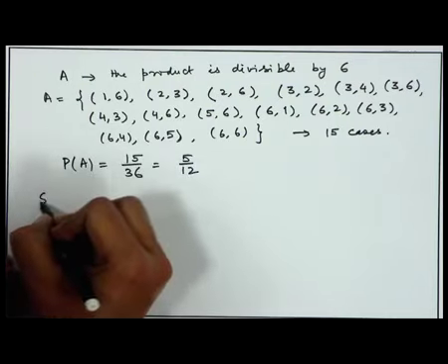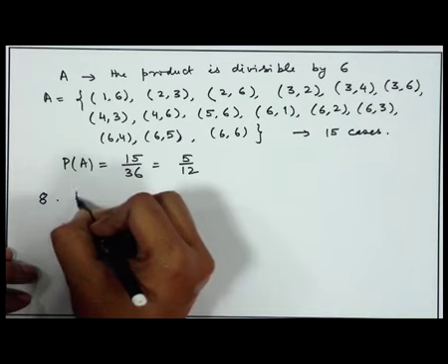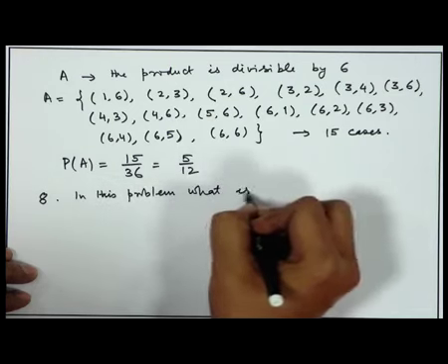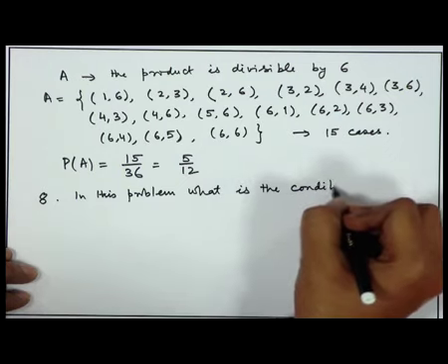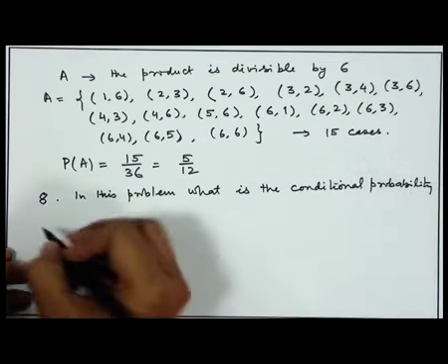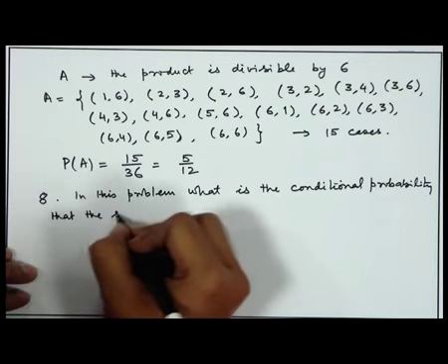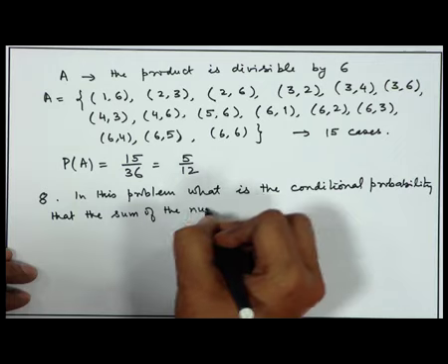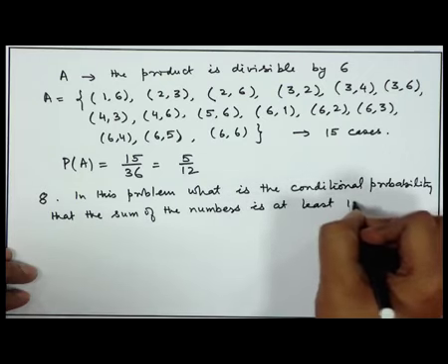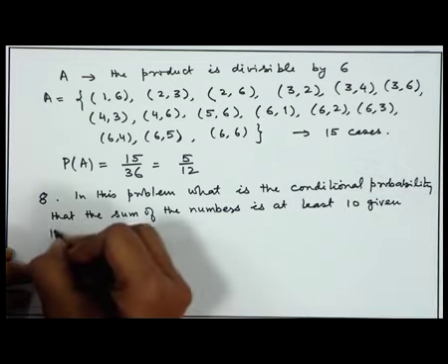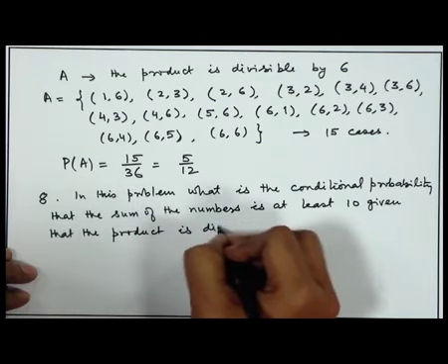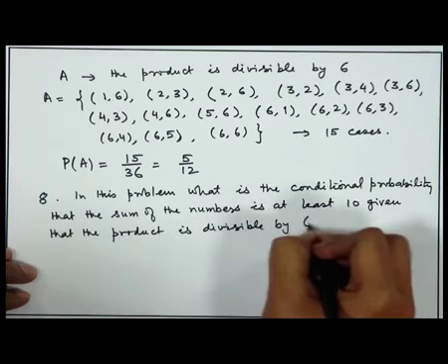Let me just ask another question in this problem. In this problem, what is the conditional probability that the sum of the numbers is at least 10 given that the product is divisible by 6?